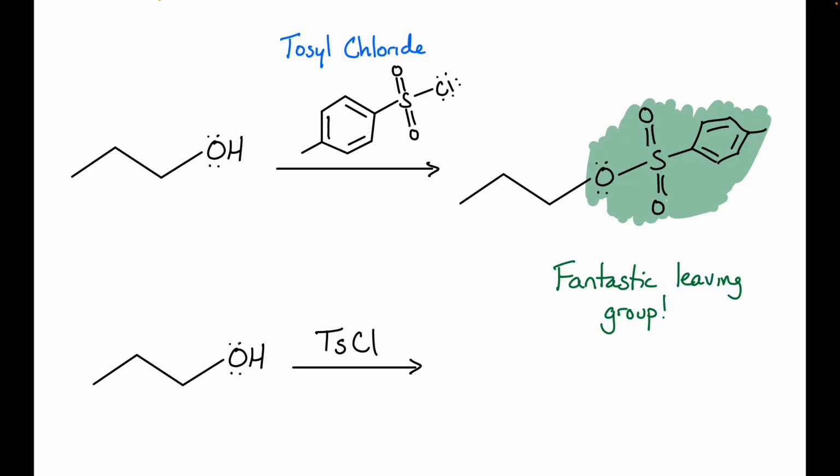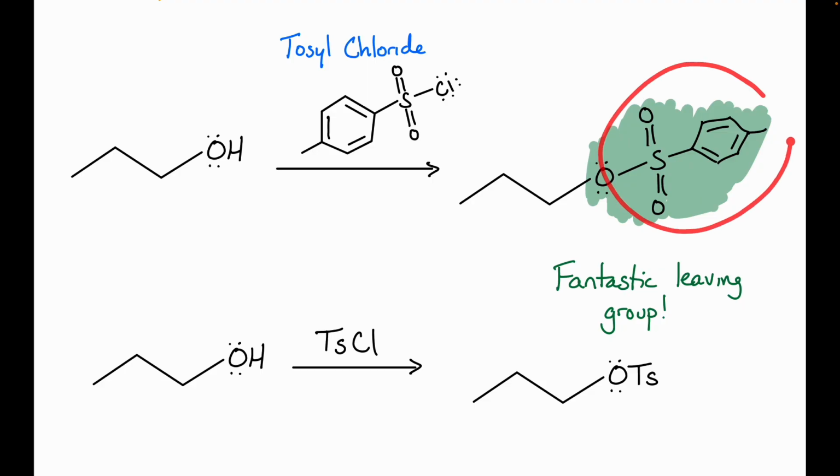So then if I want to draw my fantastic leaving group, I would draw my oxygen, and then just note it's got that Ts. So Ts stands for that sulfur and benzene ring part of my molecule. So these are equivalent ways, one using Lewis structures, one using our shorthand here.